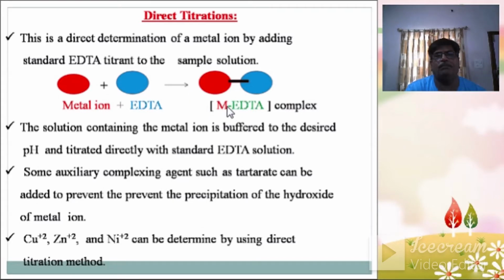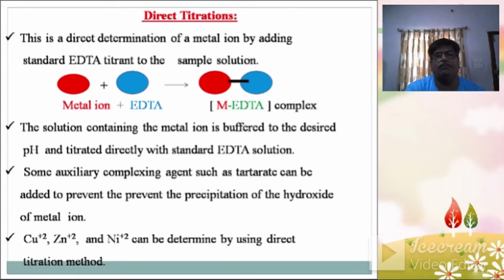The solution containing the metal ion is buffered to the desired pH and titrated directly with standard EDTA solution. Some auxiliary complexing agent such as tartrate can be added to prevent precipitation of metal hydroxide. Copper, zinc and nickel can be determined by using direct titration.